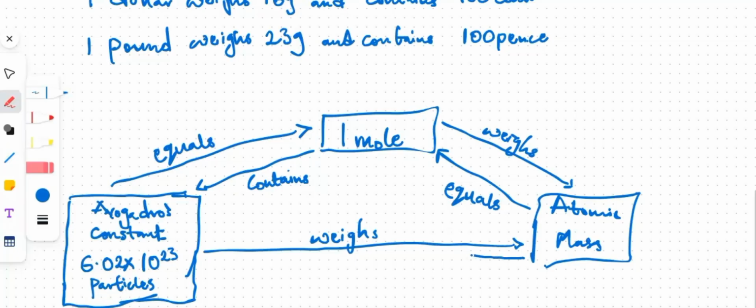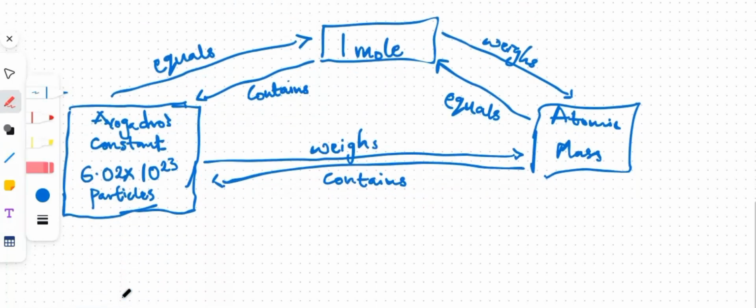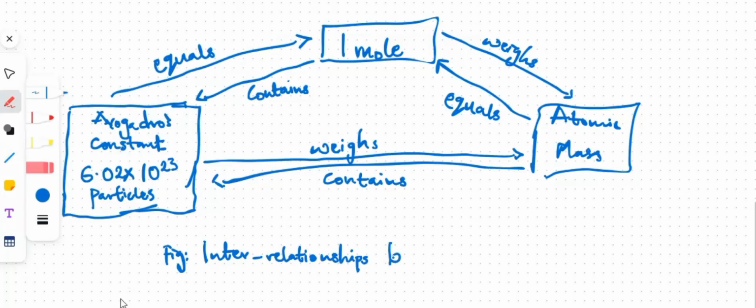So this is the interrelationship between mass, mole, and Avogadro constant.